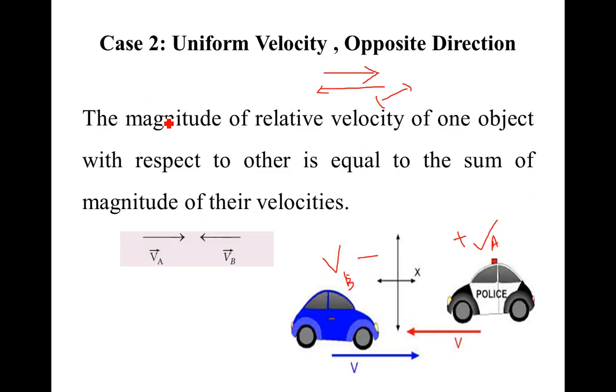So the magnitude of the relative velocity of one object with respect to the other in this case is equal to the sum of the magnitudes of their velocities. If it is opposite direction, it is summation. If it is same direction, it is difference.